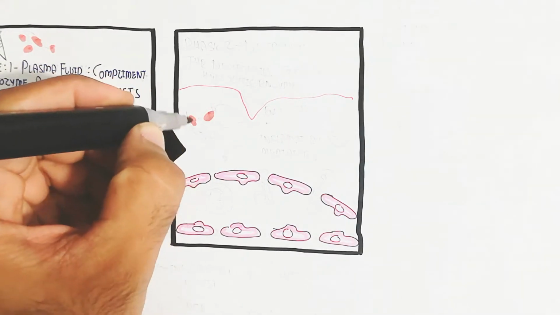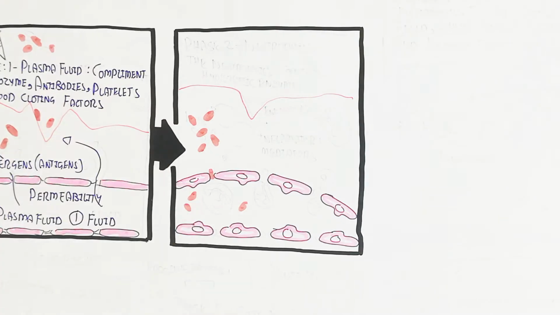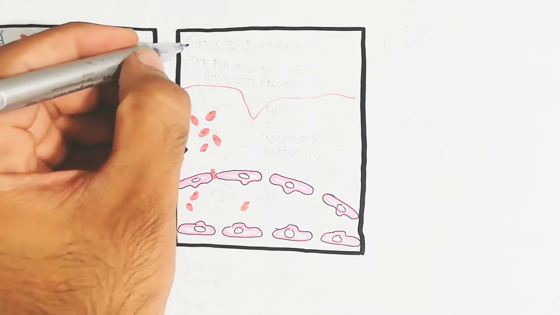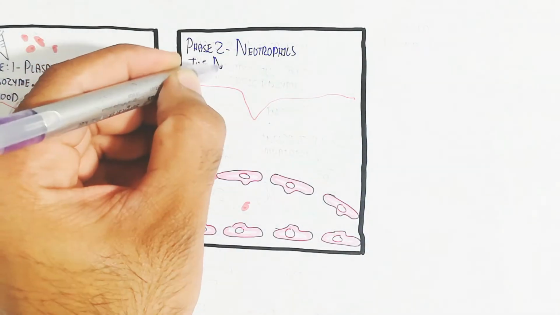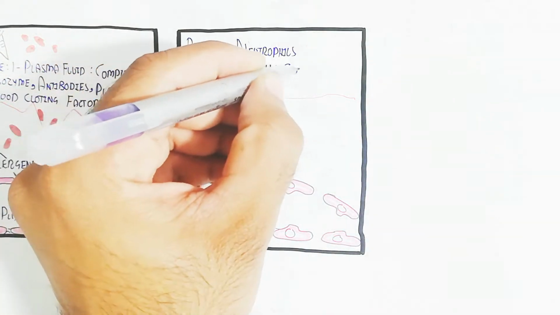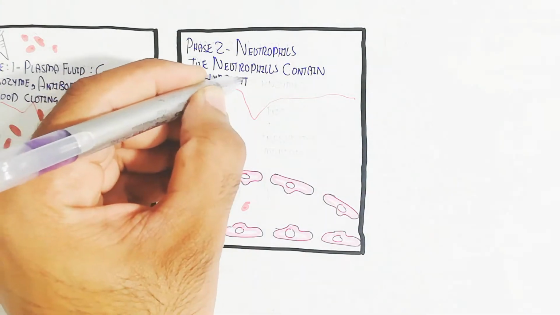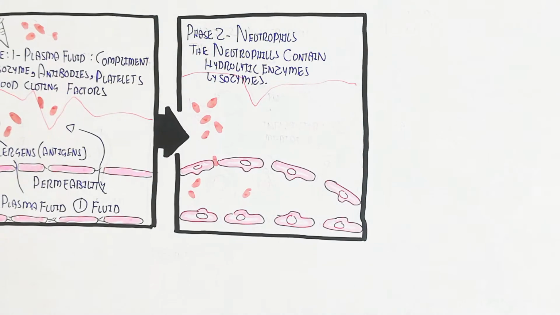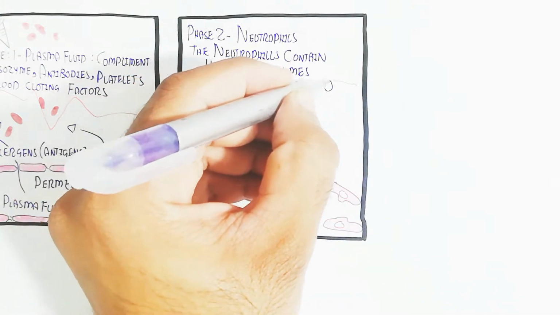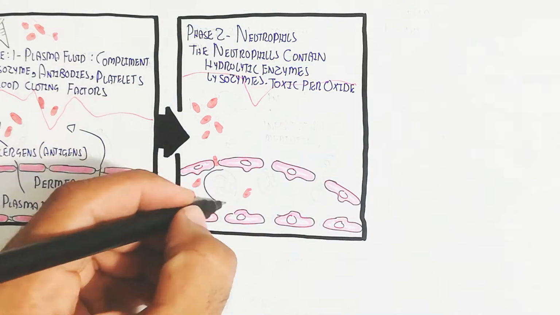After this, in phase 2, the neutrophils contain hydrolytic enzymes, lysozyme, and toxic peroxide enzymes, which will kill the pathogen through endocytosis by the neutrophil, the polymorphonuclear cell.